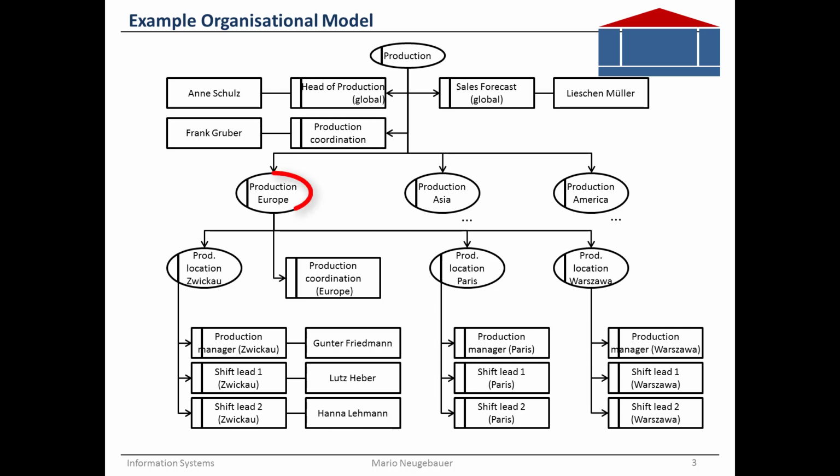And let's have a look at Europe. In the European production department, there we have maybe a location in Zwickau, a location in Paris, and a location in Warsaw, and obviously three different departments which are subordinated to the production department in Europe.